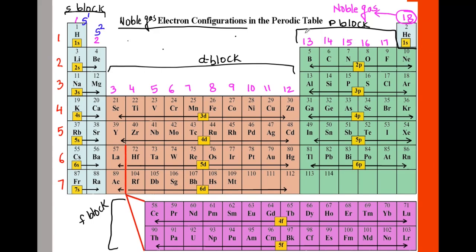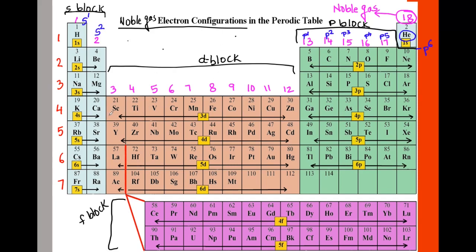P block, group 13, the electron configuration for all elements in group 13 ends with P1. For group 14, it ends with P2. Group 15 ends with P3, Group 16 would be P4, and Group 17 would be P5. With an exception of helium, all of the elements for Group 18 would end with P6.